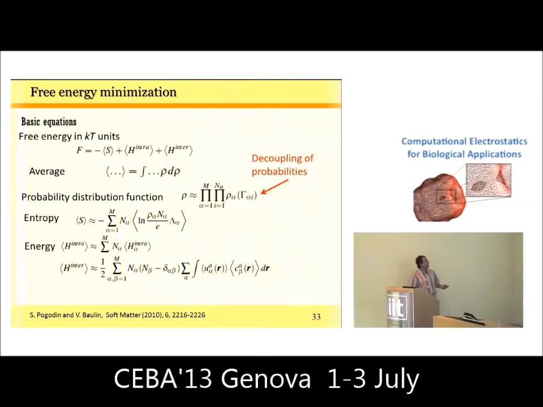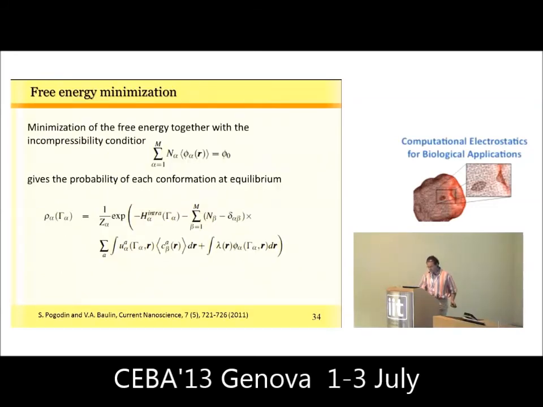If you write the probability distribution function of all these molecules with this approximation, you instead have probabilities which are decoupled, and this is the key for parallelization. You have an entropy term and an energy term which look like this. You can minimize this free energy and get the probability of each conformation in this form.